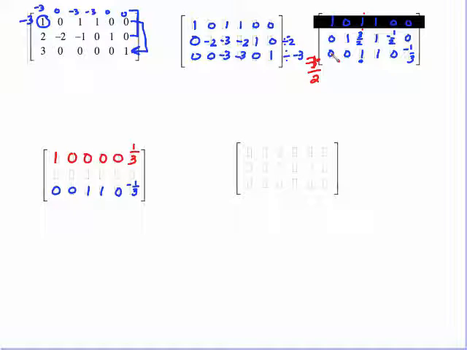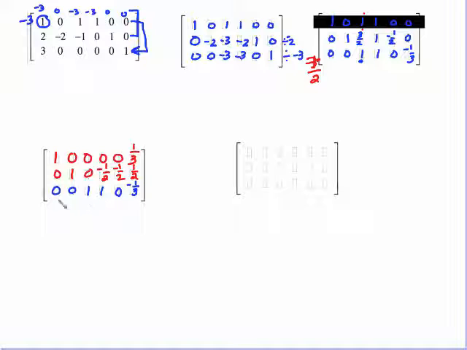So -3/2 times 0 is 0, plus 0 is 0. -3/2 times 0 is 0, plus 1 is 1. -3/2 times 1 is -3/2, plus 3/2 is 0. -3/2 times 1 is -3/2, plus 1 is -1/2. -3/2 times 0 is 0, plus -1/2 is -1/2. And -3/2 times -1/3 is a positive 1/2, plus 0 is a 1/2.